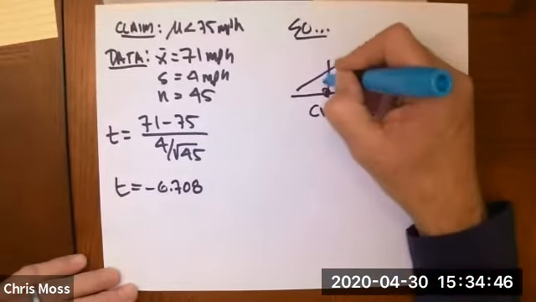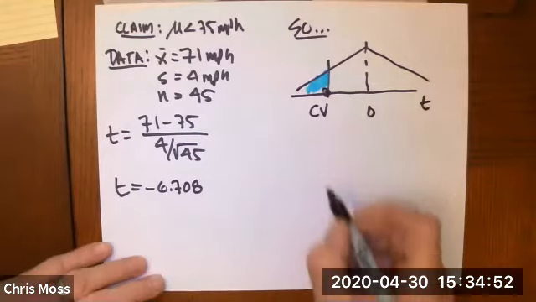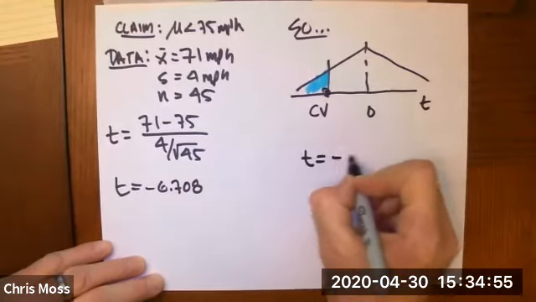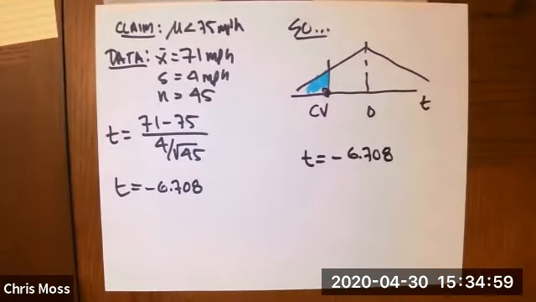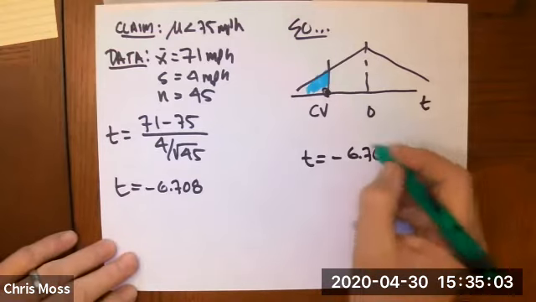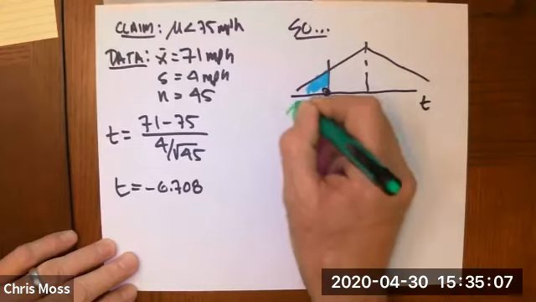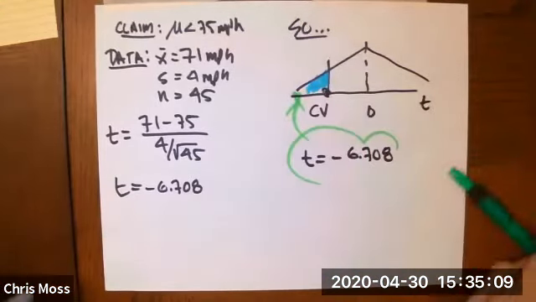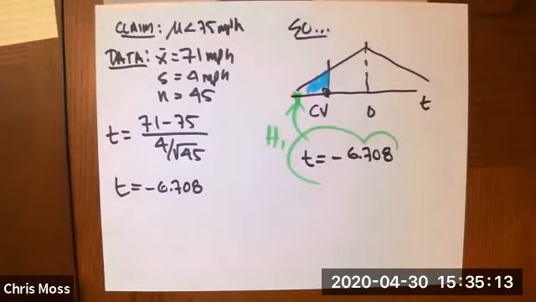And since it's a left-tailed test, this area in here is the alpha, the level of significance. Now, I plot my test statistic, and depending on where that lands, I'll go with either the null or the alternative hypothesis. If it lands in that rejection region, I'll go with the alternative hypothesis.